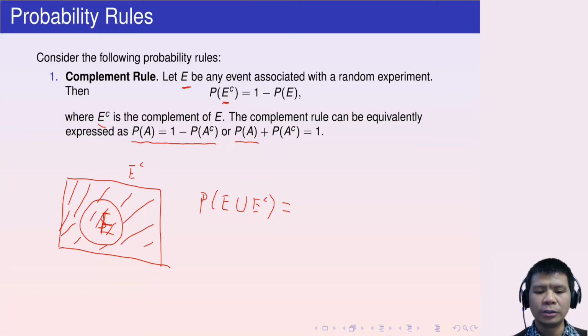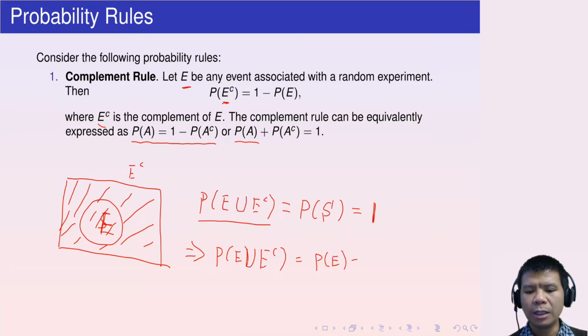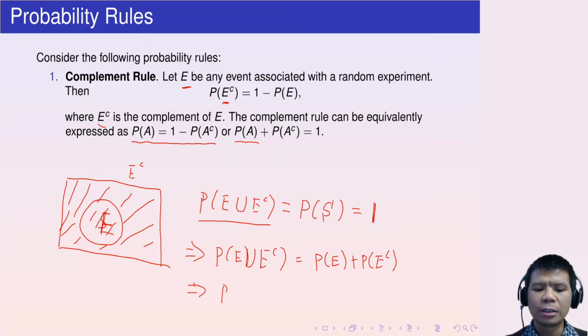It is in E or not in E. So it is the probability of the sample space, which equals 1. And since E and E complement are disjoint, or mutually exclusive, the probability of E union E complement equals the probability of E plus the probability of E complement.